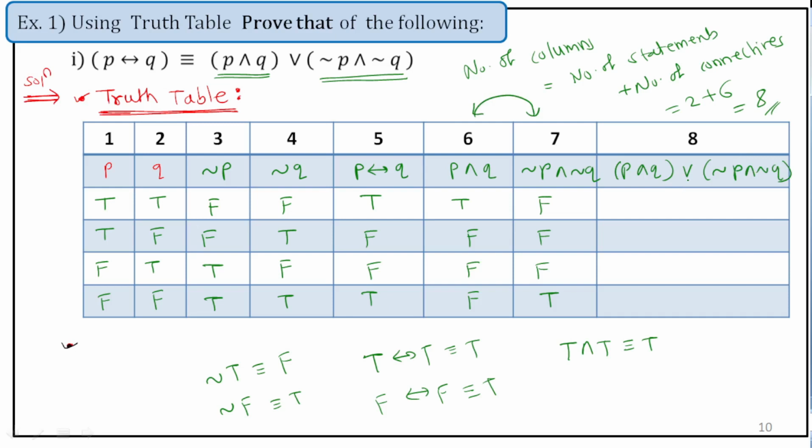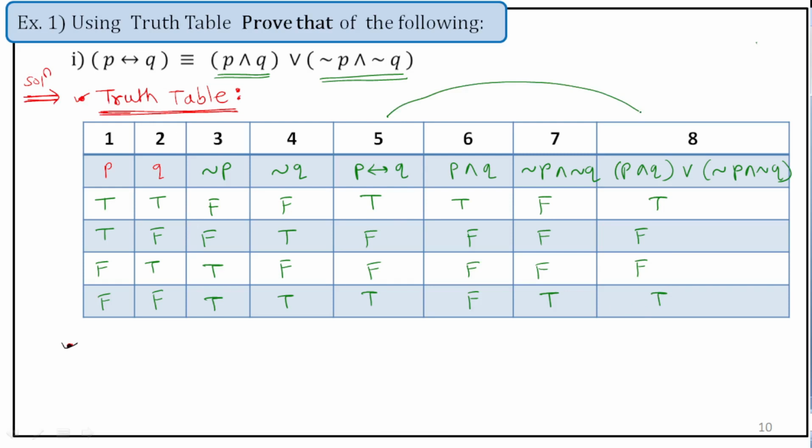For or, we know that F or F is F, otherwise true. So F or F is F, T or F is T, F or F is F, and F or T is T. The first and last rows are true. Now this is the total truth table.